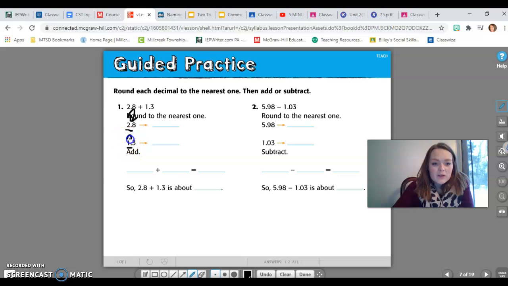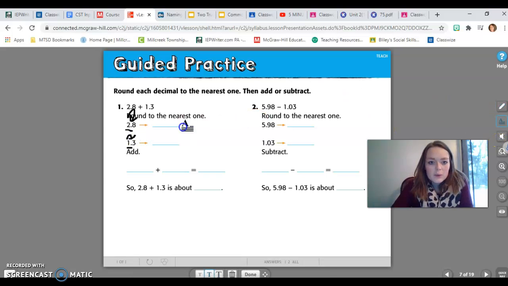Okay, we have 2.8. Let's look at our 8. We're going to bump it up. My 2 becomes a 3. In our next one, we have 1.3. My 3, I'm going to drop it off because it's lower, so it becomes a 1.